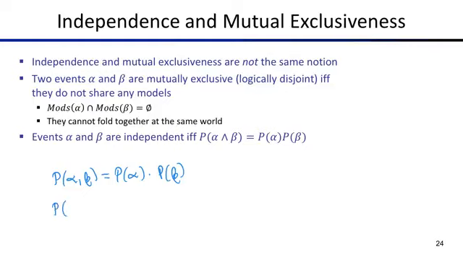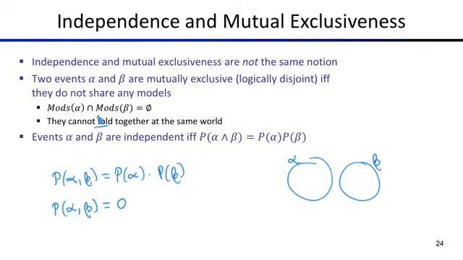When two events are mutually exclusive, the joint probability of the two events is equal to 0, because we have alpha here and beta here, but there is not a single world where the two events hold at the same time. So the intersection here is going to be 0, and when you compute the probability, there will be no worlds whose probabilities you can sum in order to make this joint probability. So we say that these two events do not hold together in the same world, so the joint probability of them is 0.